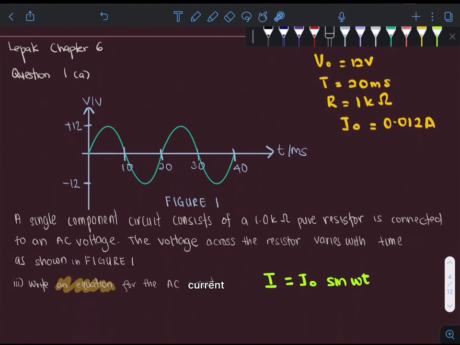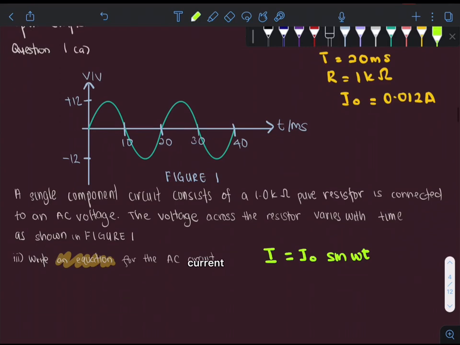Therefore, when we are asked to write the equation, we have to substitute the value of I naught and also omega in the equation for the respective circuit. The I and t are going to vary, so we do not have to substitute anything for them. We can leave our answer as I equals I naught sine omega t, where the value of I naught we have already got, which is 0.012 ampere.